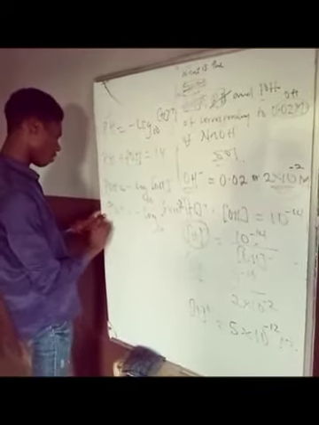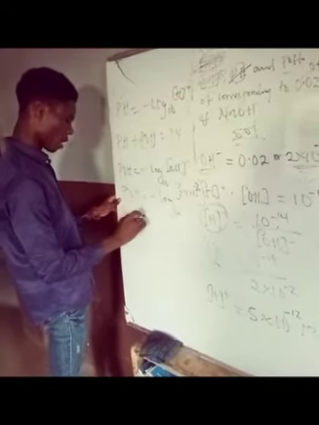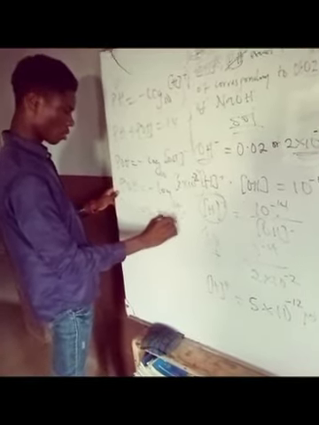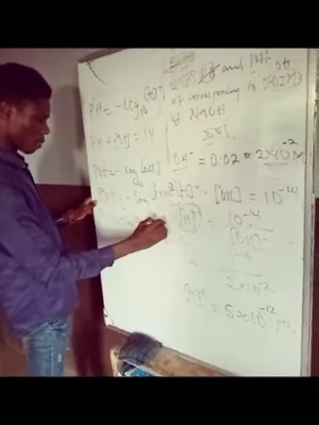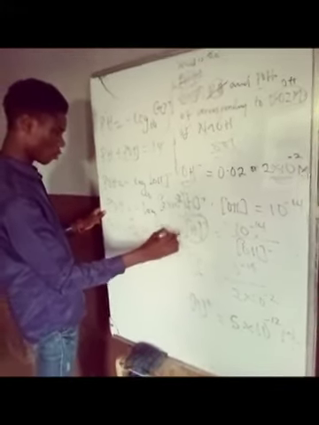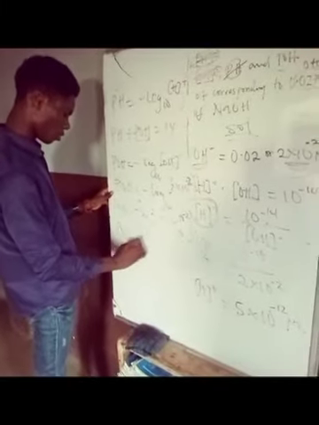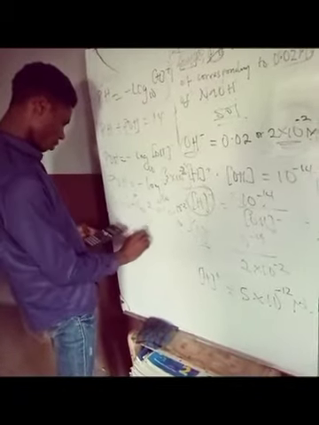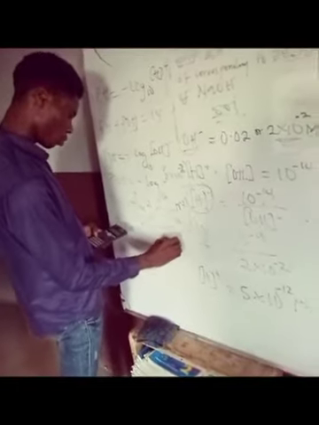So at the end of the day, we have pOH equals minus log 10 of 2 plus log 10 of 10 raised to power minus 2. So log 2 gives 0.30, that is minus 2.